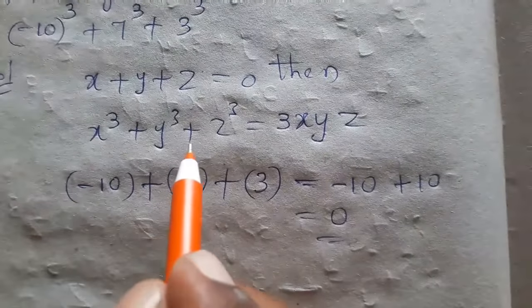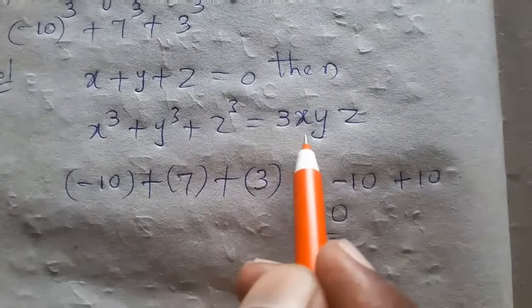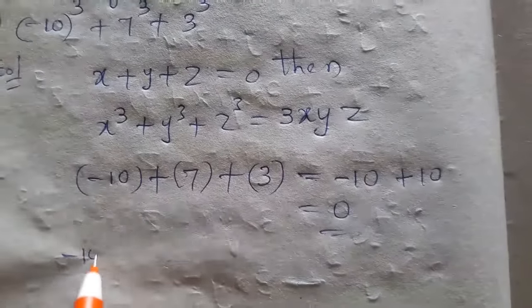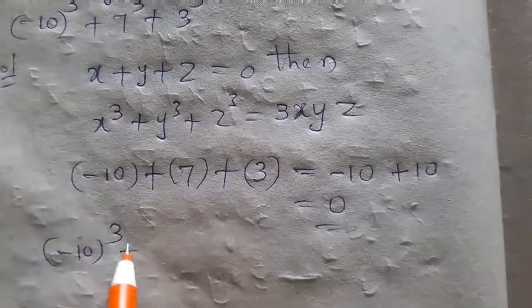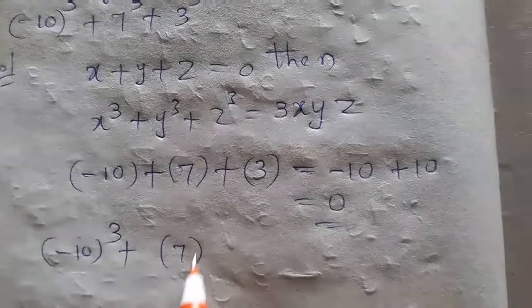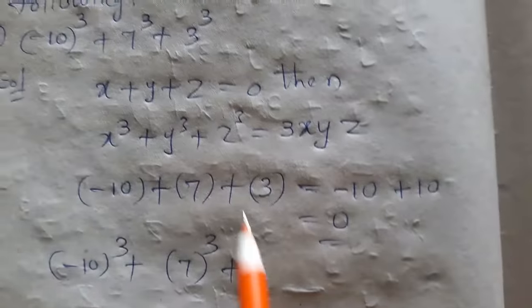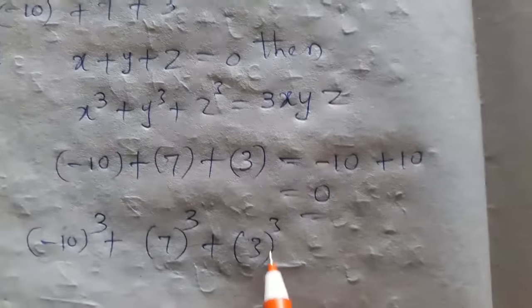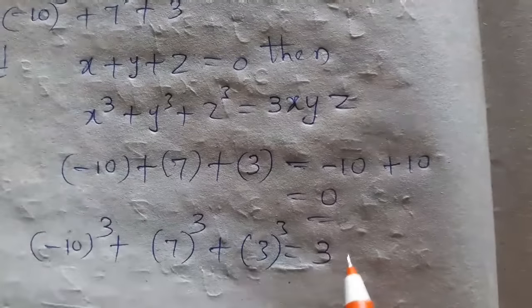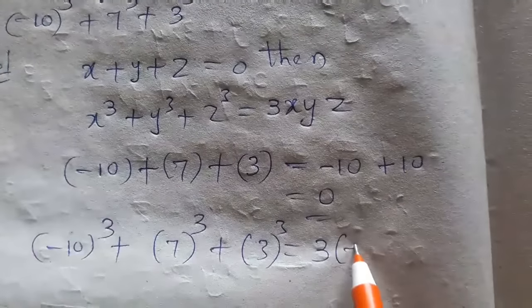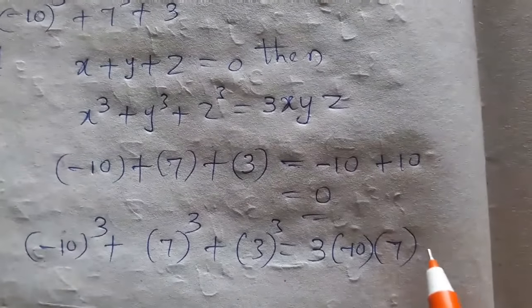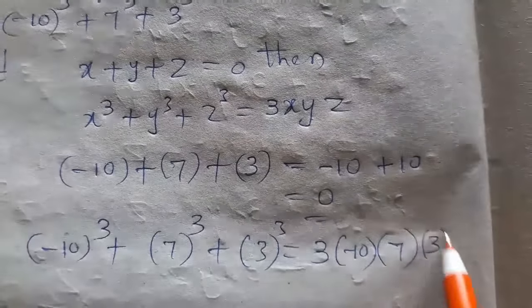Now x cube plus y cube plus z cube is equal to 3xyz. So here x cube means minus 10 whole cube, plus y cube means 7 whole cube, plus z cube means 3 whole cube, that equals 3 into the x value, minus 10, next the y value, 7, next the z value, 3.